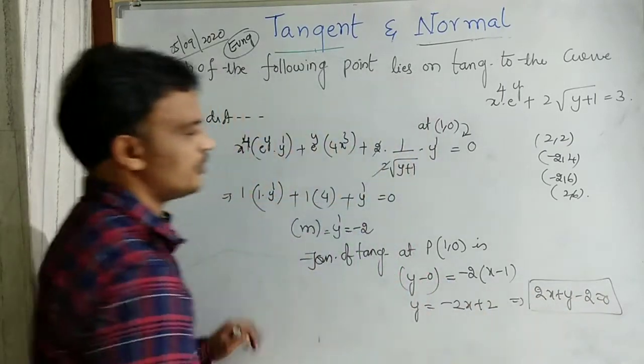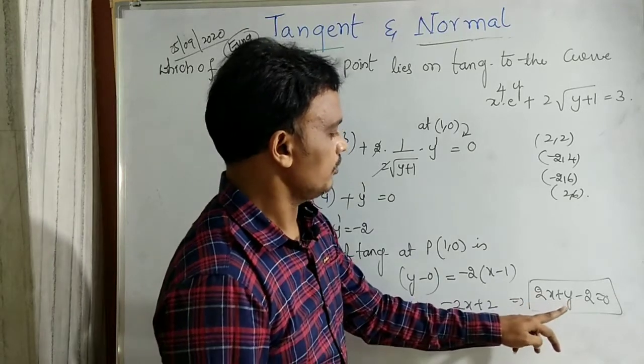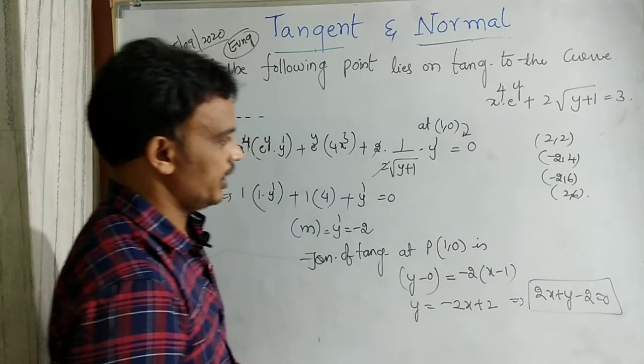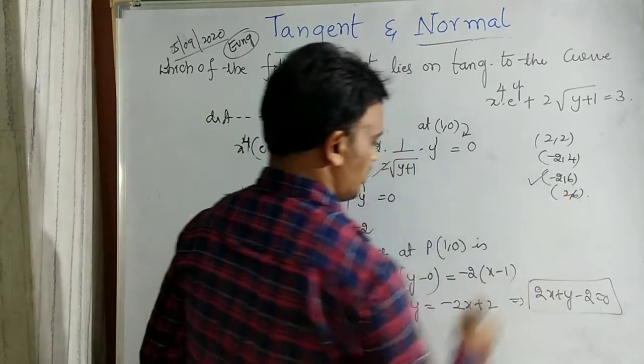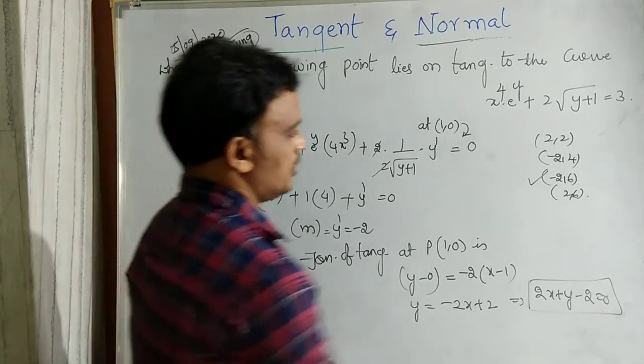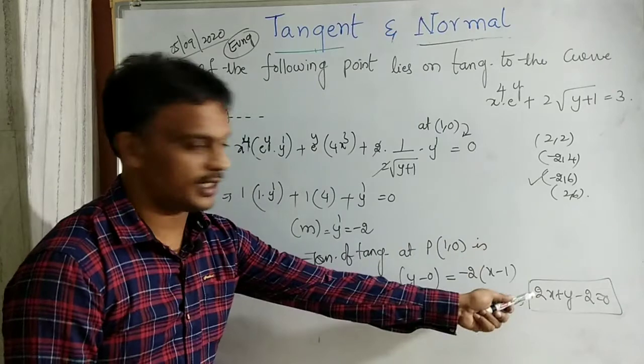Check the options, which of the following points lies on this. (2, 2) not satisfying, (minus 2, 4) not satisfying. Coming to this one, (minus 2, 6): minus 4 plus 6 is 2, minus 2 is 0. Yes, that's our option. (Minus 2, 6) is satisfying the given tangent.